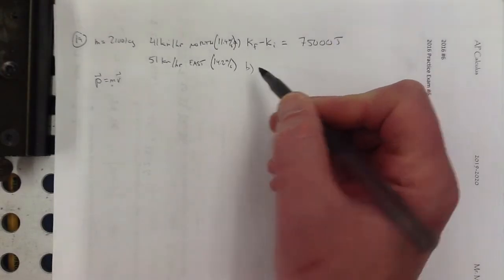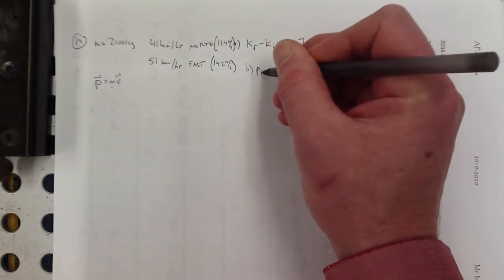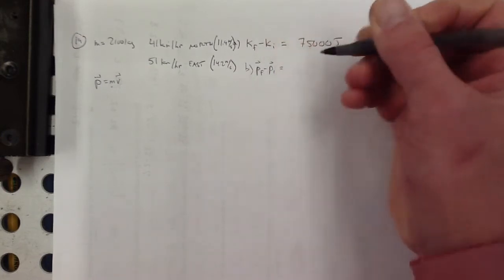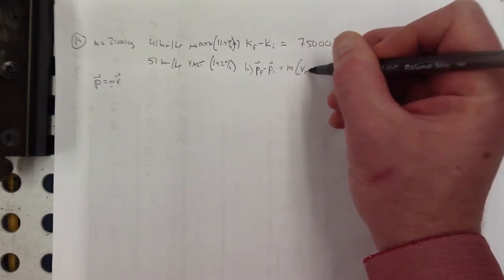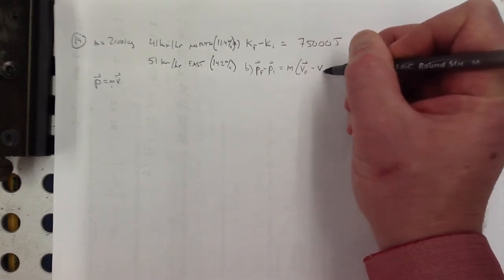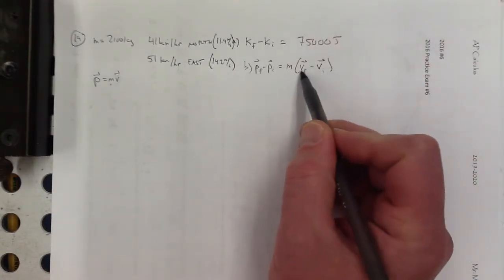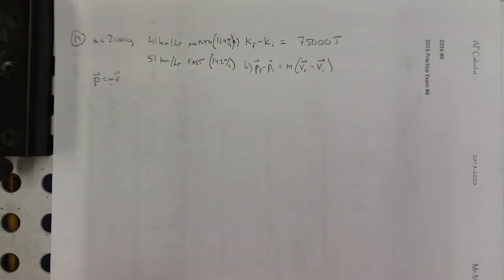So that means that when we do change in velocity here, we've got to respect the directions of these things. So this is not just going to be the magnitude of this minus the magnitude of this. You subtract two vectors, you've got to put them in component form.